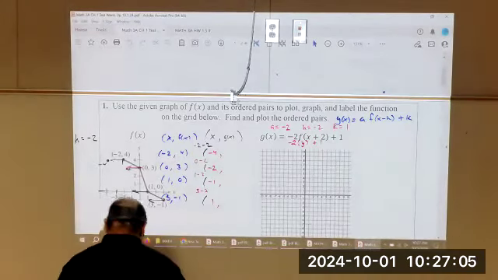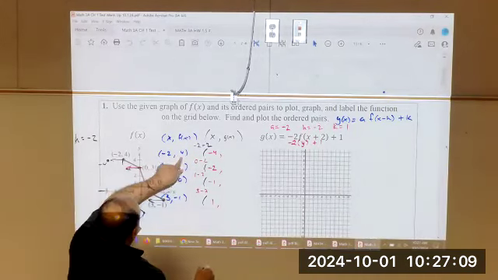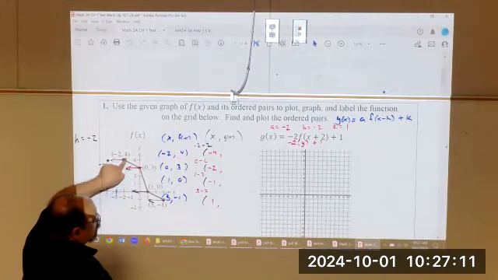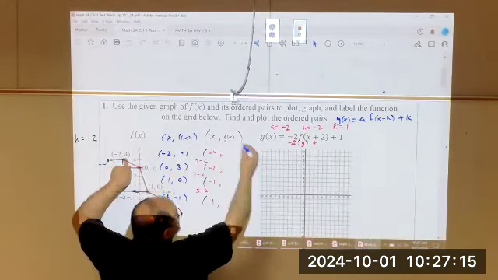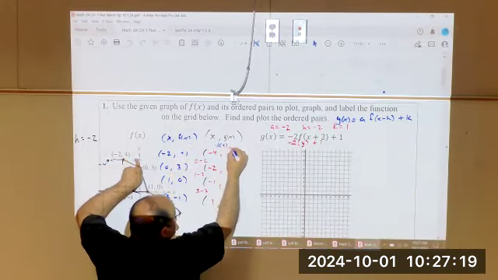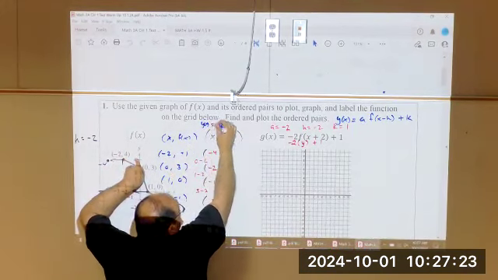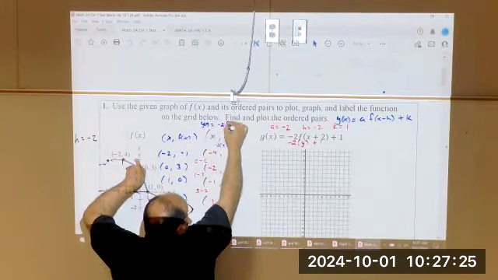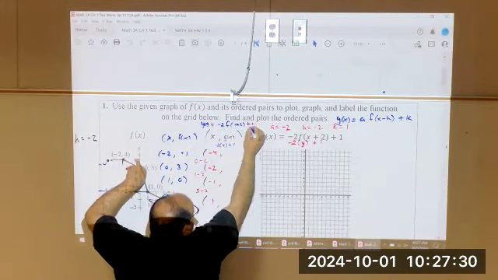So right here, this old y value is 4. We're going to do negative 2 times this 4, and then we're going to add 1, because g of x is equal to negative 2 times f of x plus 2, plus 1.